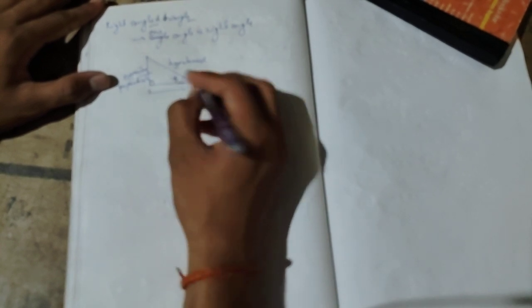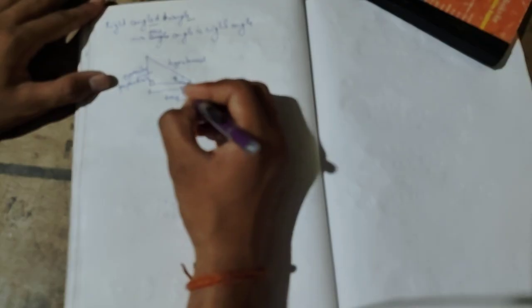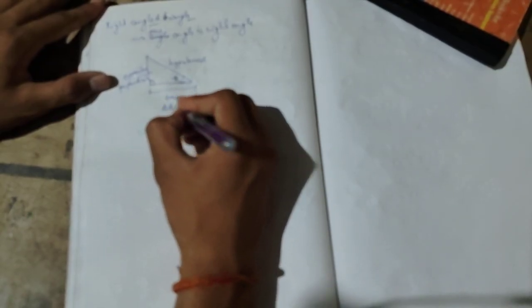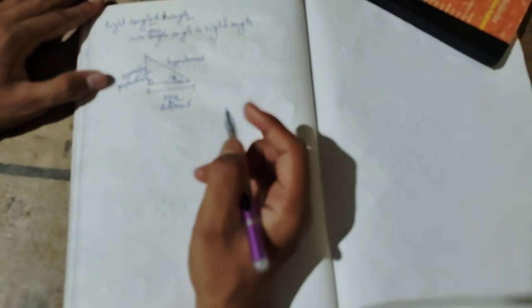And this is the adjacent side to this angle, so we can call it base or adjacent. You can see those things simply. Okay, this is the simple thing you need to know.